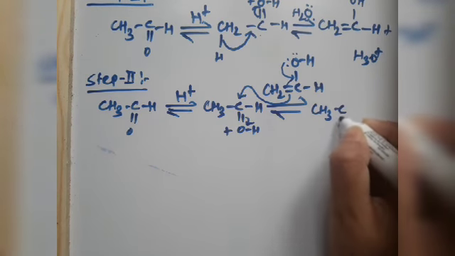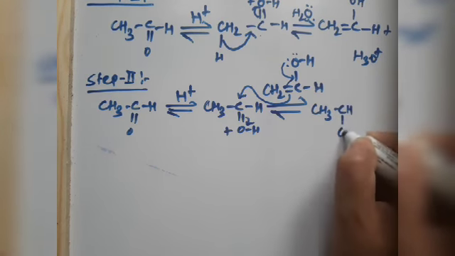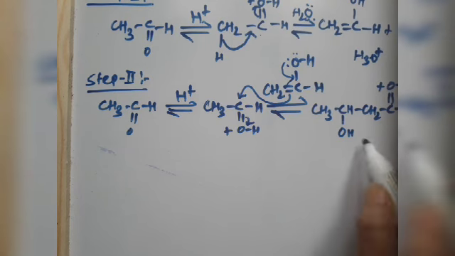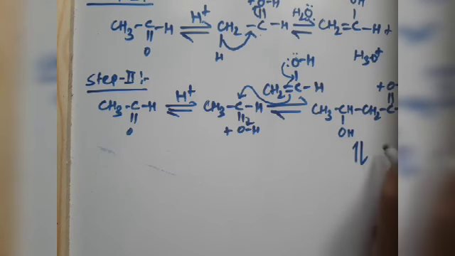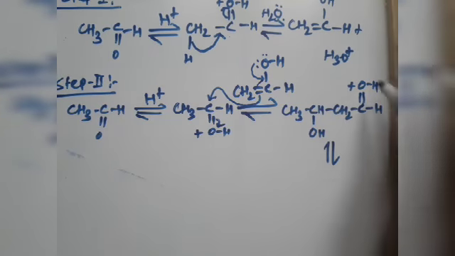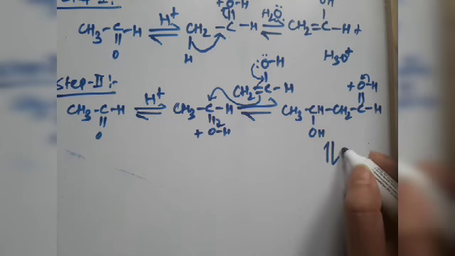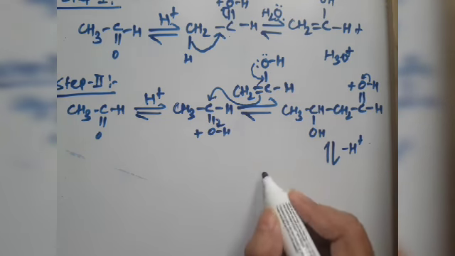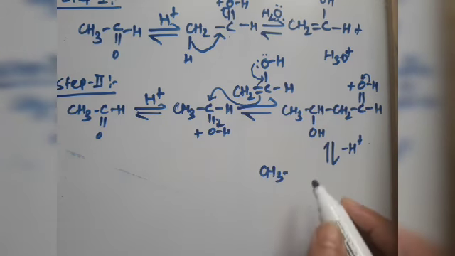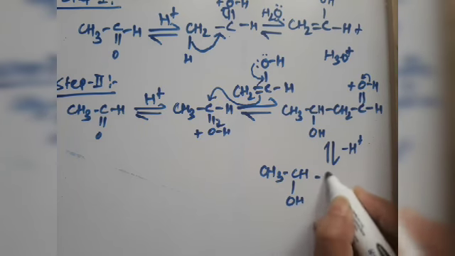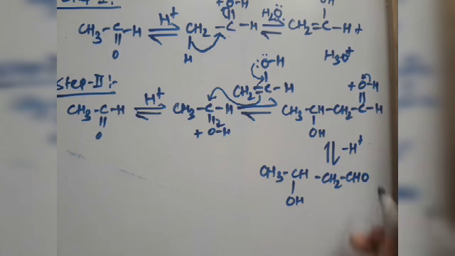So CH3, CH, OH, CH2, C. After that, this is a positively polarized, positively charged oxygen, so this bond will break, and with the liberation of H plus, we will have our aldol, CH2, CHO. Okay.